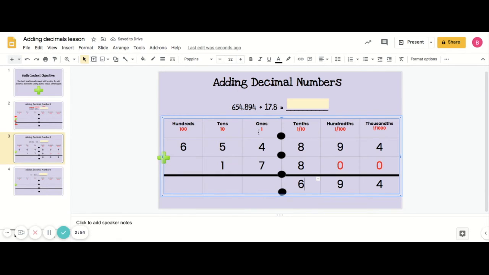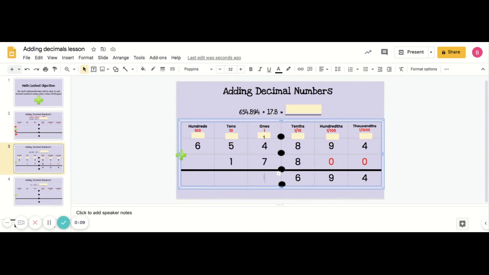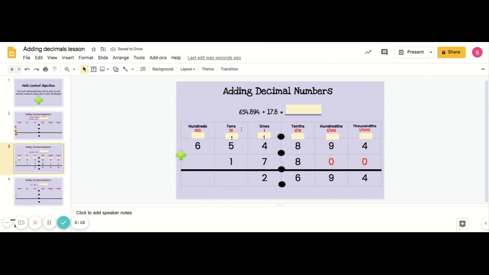We're moving on to our ones place. In our ones place, you'll notice we have 7 plus 4, which equals 11, plus 1 is 12. So we're going to place our 2 here, and we're going to place our 1 here. Now looking at our tens place, we have 5 plus 1, which equals 6, plus 1 is 7.